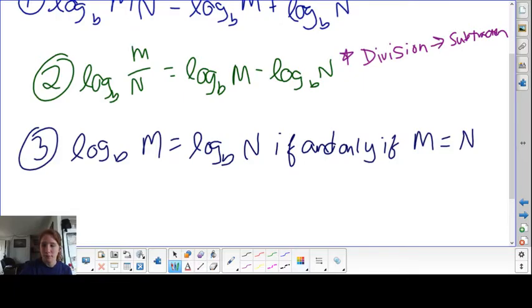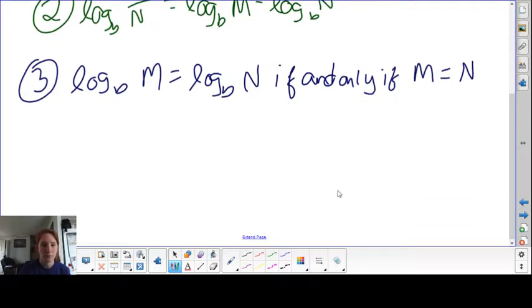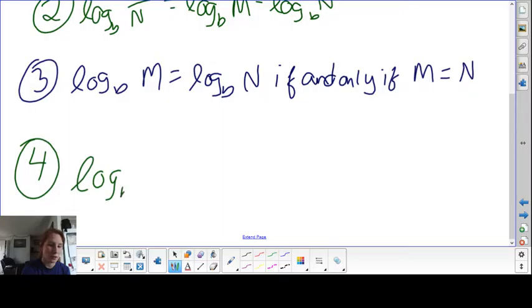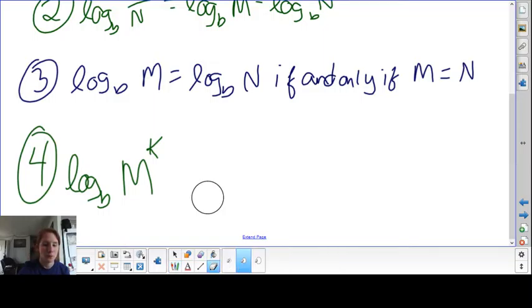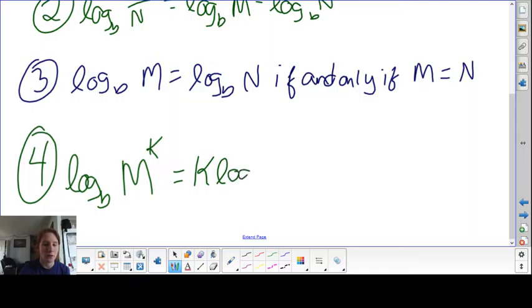And my last one. Log base b, oops, sorry, let's try that again. Log base b of m to the k exponent is equal to k times log base b of m.